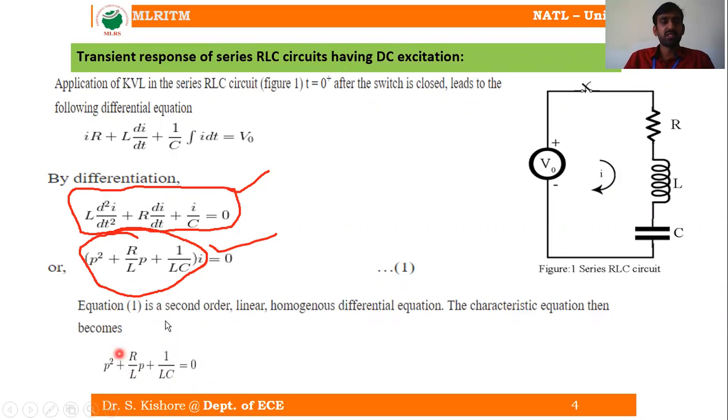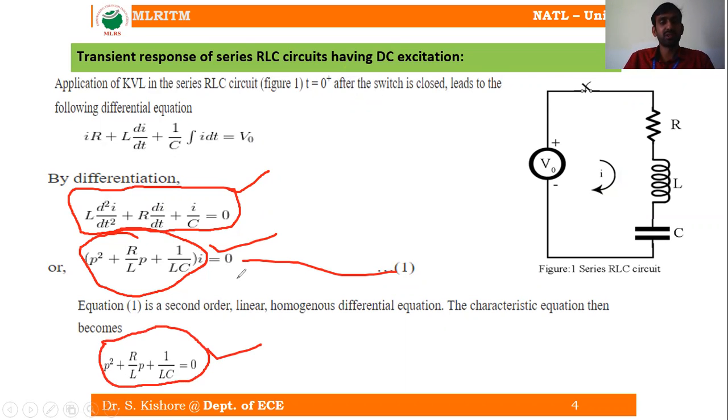I'm writing the same characteristic equation for the above equation, that is the equation number 1, which is P square plus R by L into P plus 1 by LC is equal to 0. This is going to be our characteristic equation of the equation number 1, which is our second order linear differential equation.